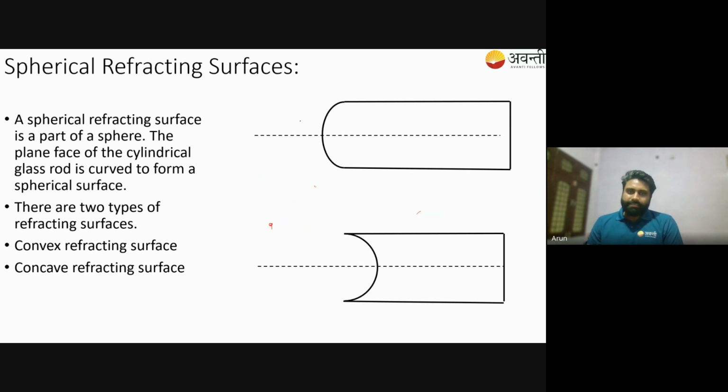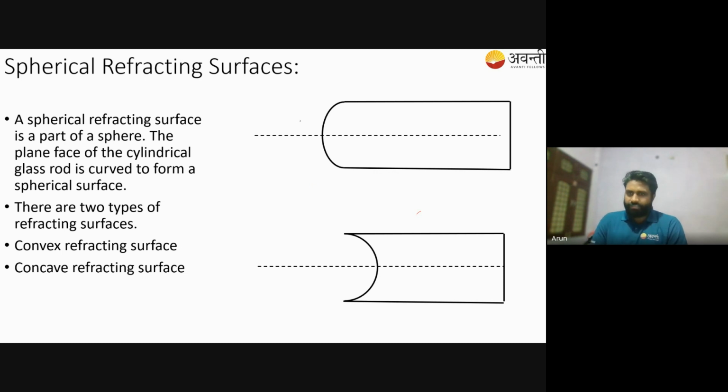So a spherical refracting surface is nothing but a part of a sphere. In a cylindrical glass we have curved inside and outside. So we have two types of refracting surface.